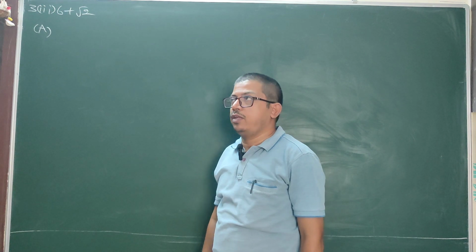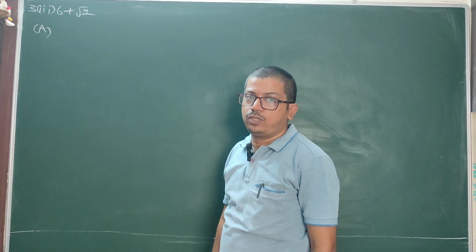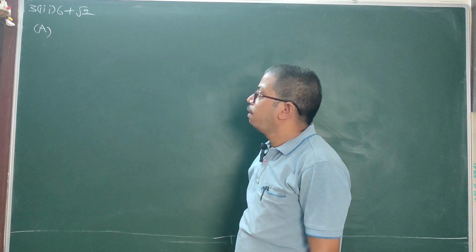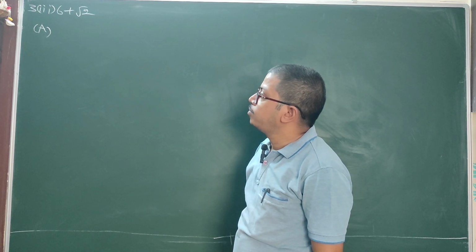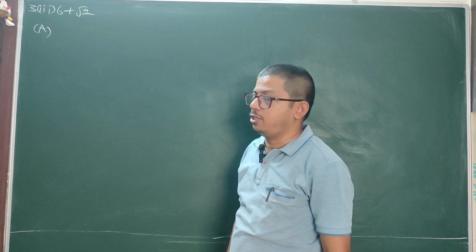Now let us solve the third question in third Roman, that is 6 plus root 2. Prove that 6 plus root 2 is irrational. So for that, as usual, we have the method of contradiction.